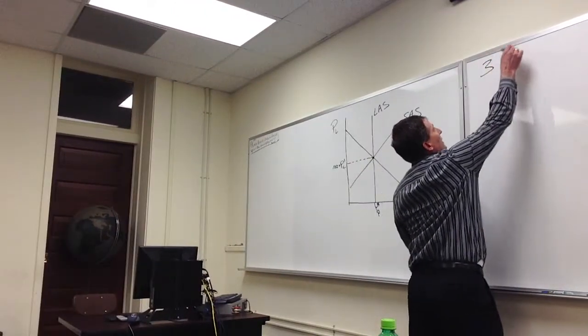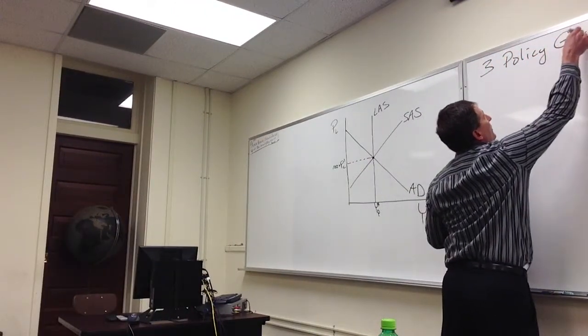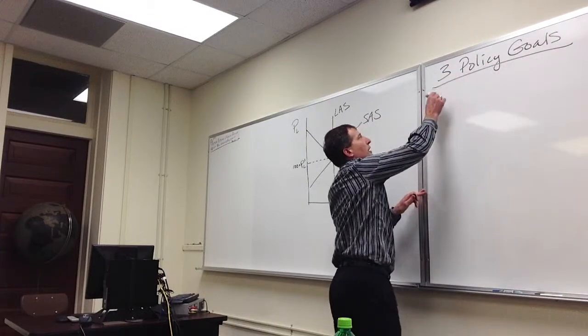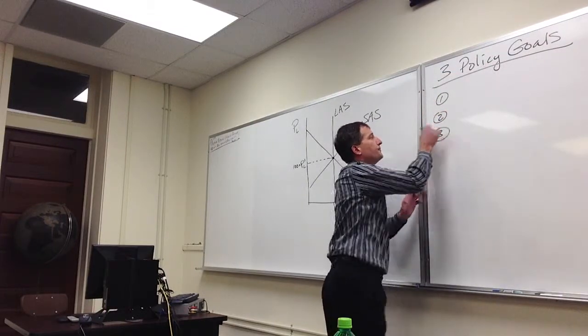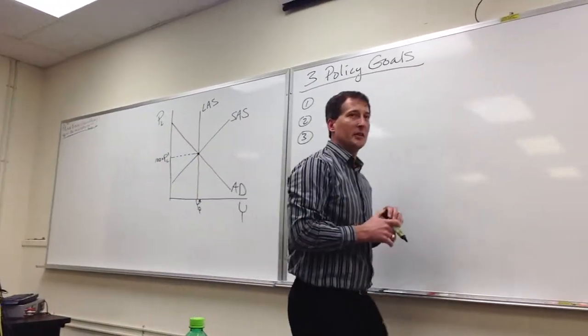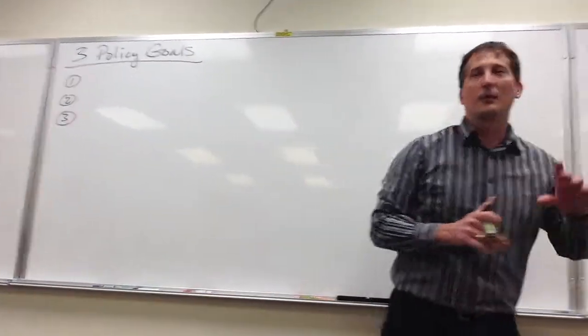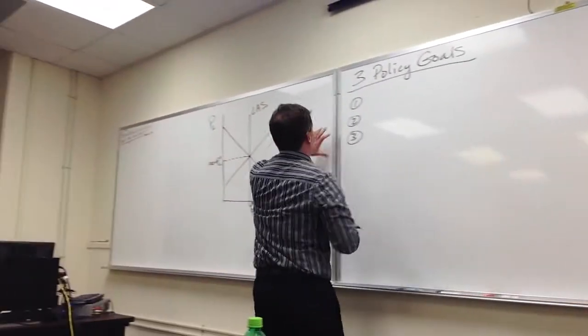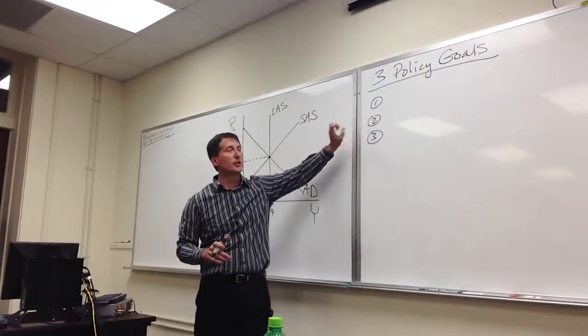Three policy goals. Big, broad, wide-reaching policy goals. What were those? Okay, those were the things: real GDP, inflation, and unemployment.